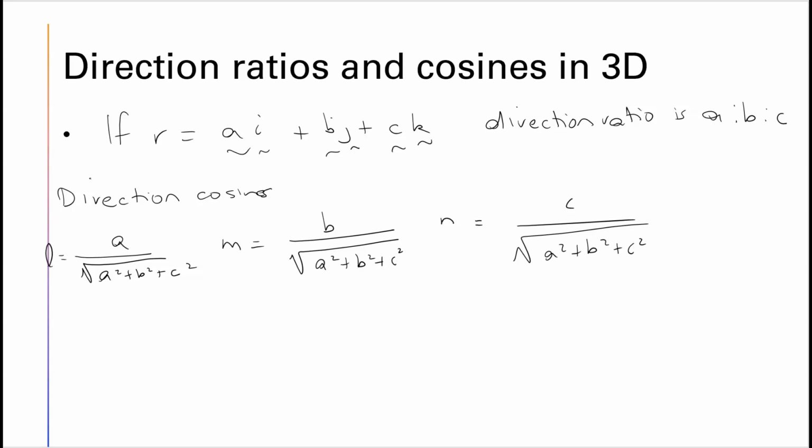And this would be the cosine of alpha, cosine of beta, and the cosine of gamma.